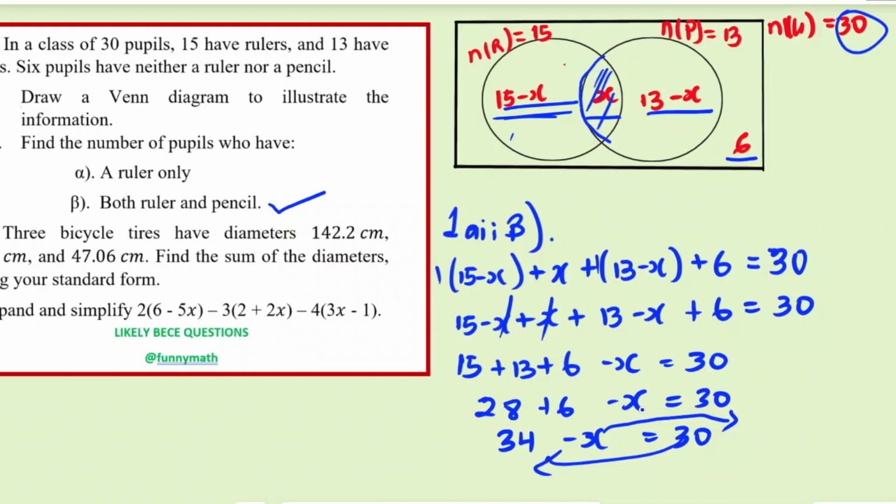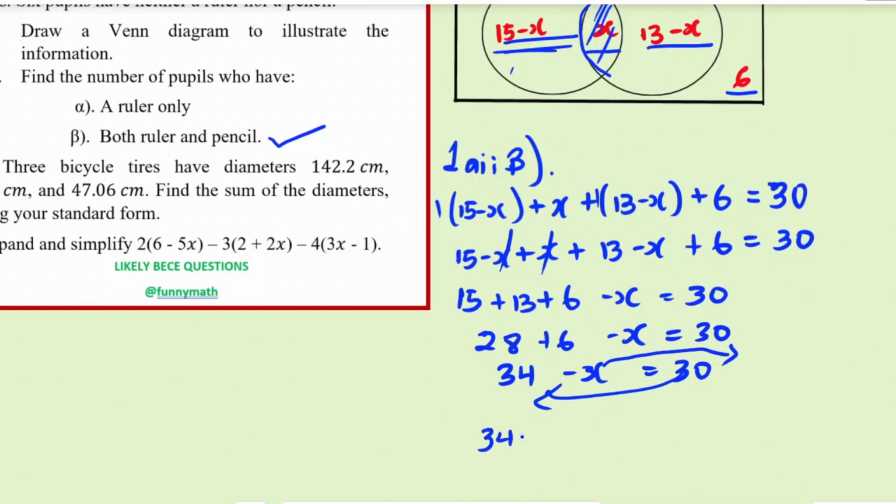So I'm going to get 34 minus 30 equal to x. So 34 minus 30, we are going to get 4 equal to x. And remember that x is the number of students who have both ruler and pencil.